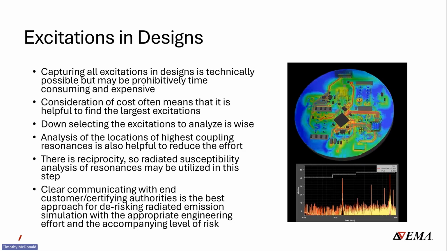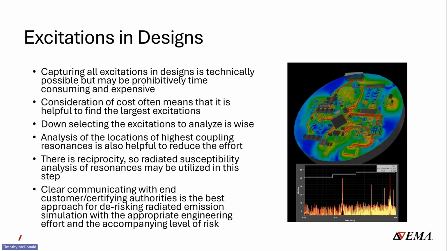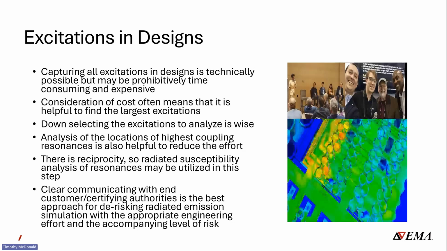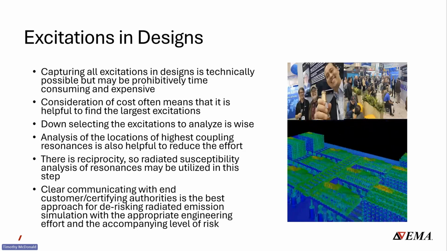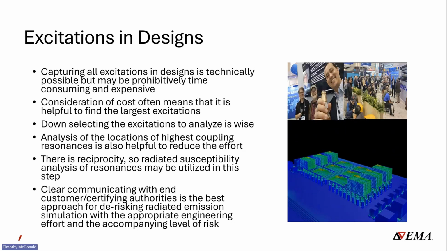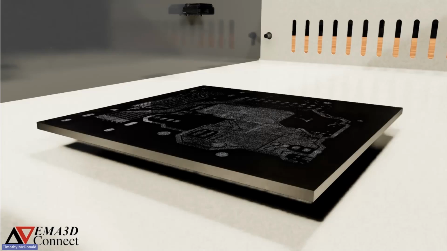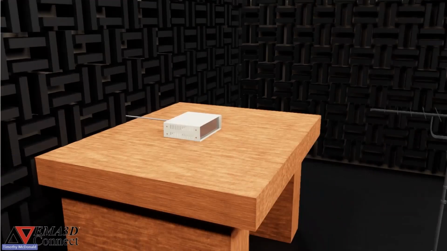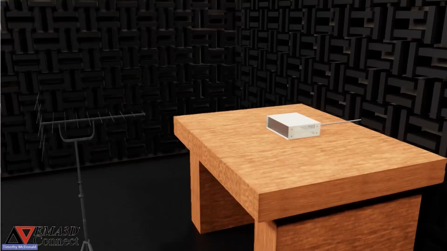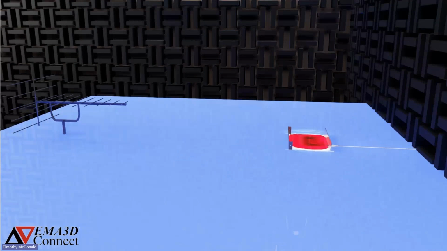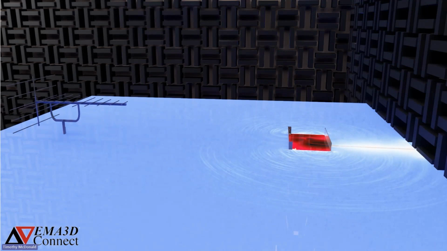If we're doing a qual by simulation, it is beneficial often to eliminate some excitations just so that we can reduce the amount of work, because there may be hundreds or even more excitations in the model. So by picking only the worst case excitations, we're essentially just making the effort for analysis more reasonable.